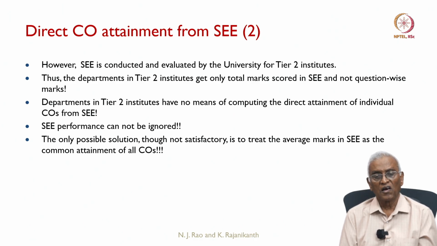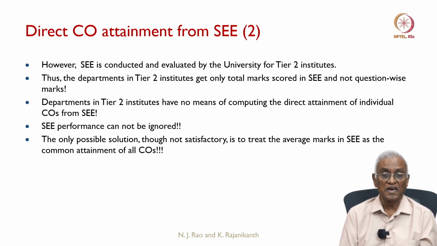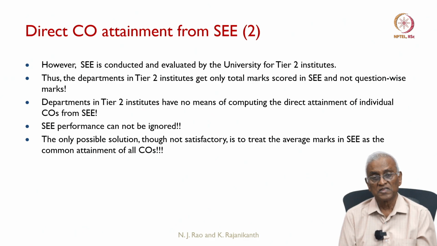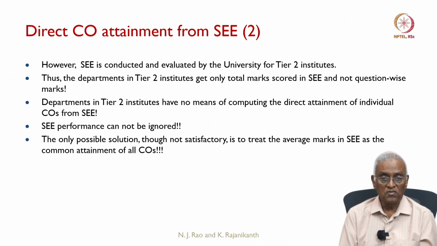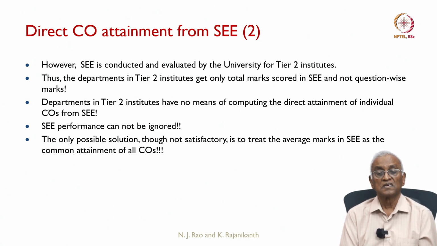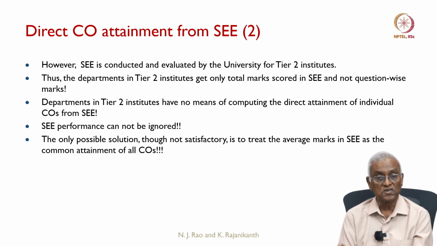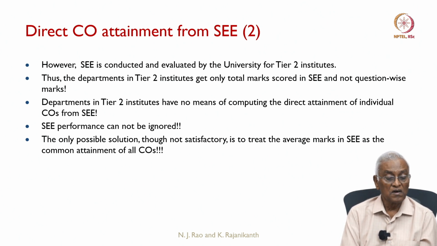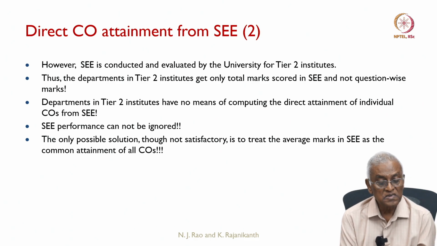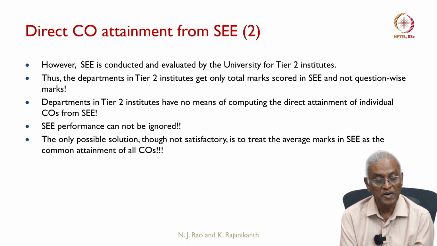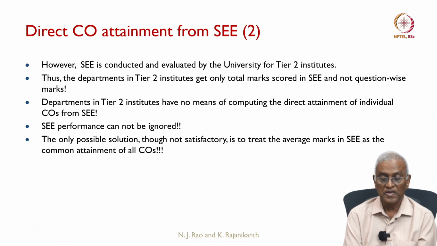That's a very elaborate process, and the data has to be securely shared with them. As of now, the university will only share the total marks obtained in SEE, and that is communicated to the institute. So departments in tier 2 institutions have no means of computing the direct attainment of individual COs from SEE.